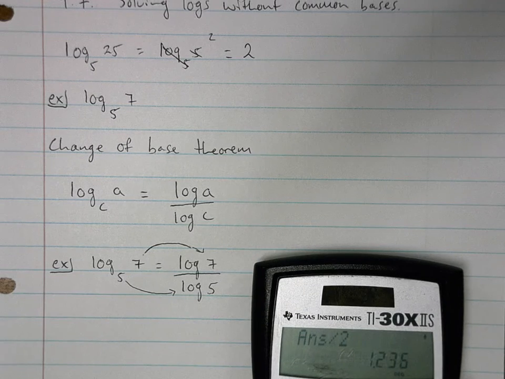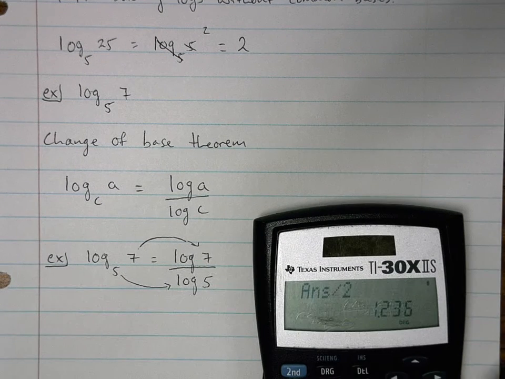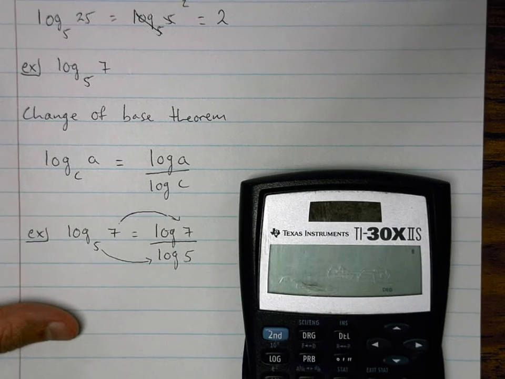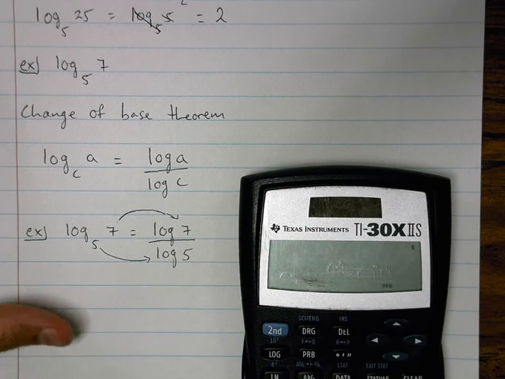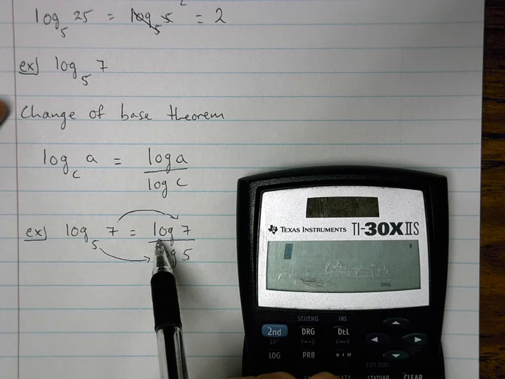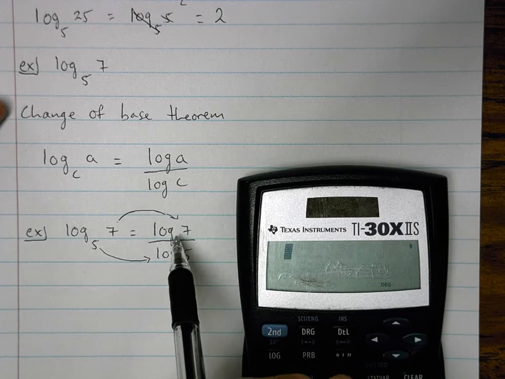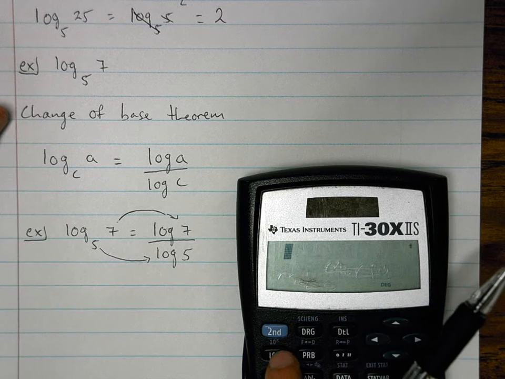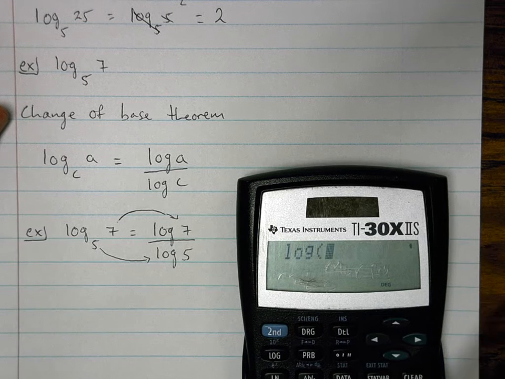So what we're going to do from here is actually plug it into our calculator. Log of 7 is on top. So the log button is right here under the second. You're going to push log of 7.